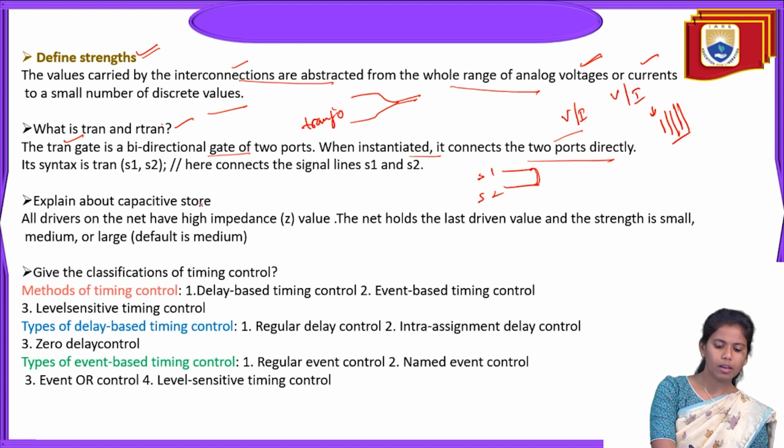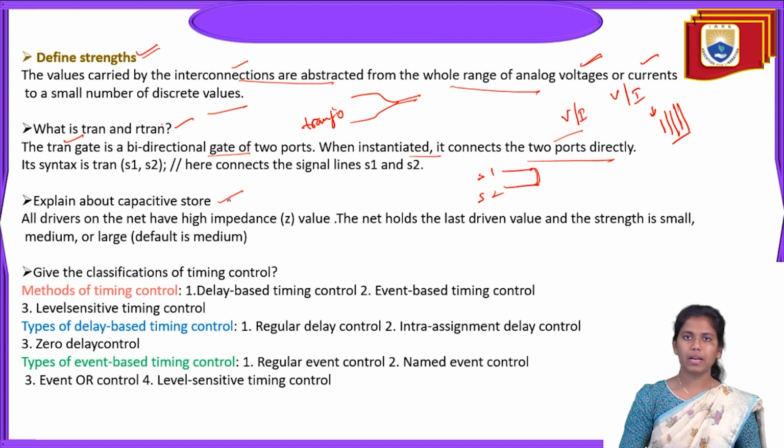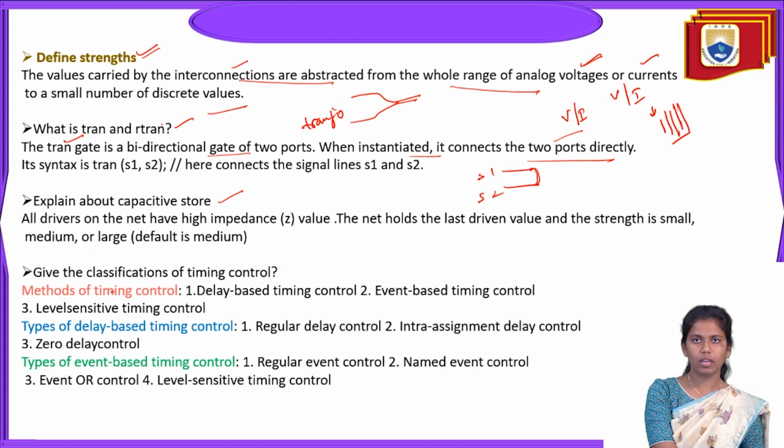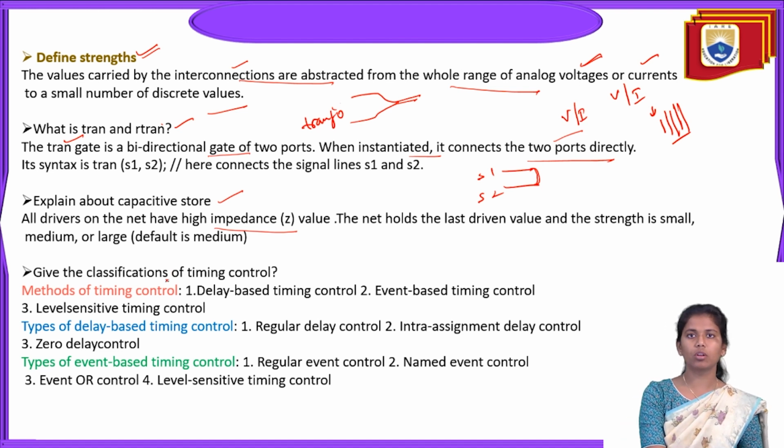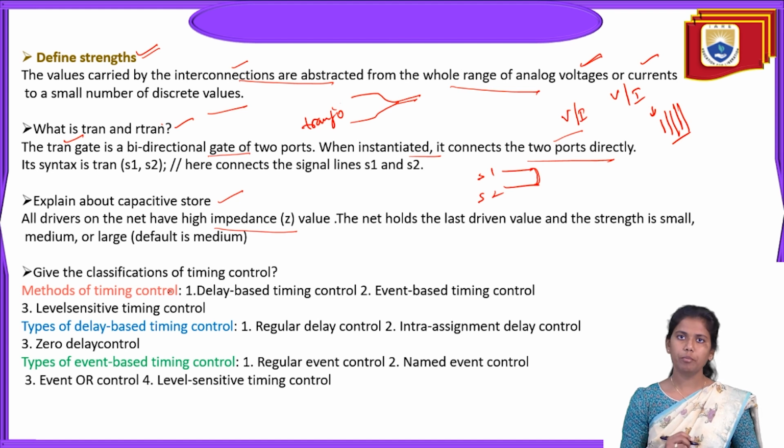Then coming to the capacitive store. So what is this capacitive store in the switch level modeling? In a capacitive store, all drivers on the net have high impedance values. Obviously the drivers drive some values based on the strength of the signal, right? So all the drivers on the net have high impedance value.